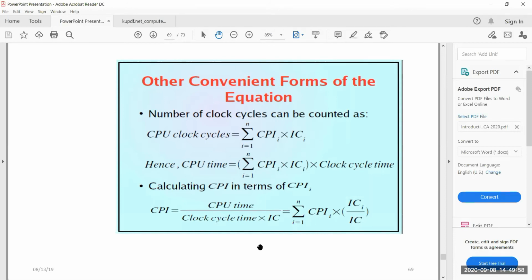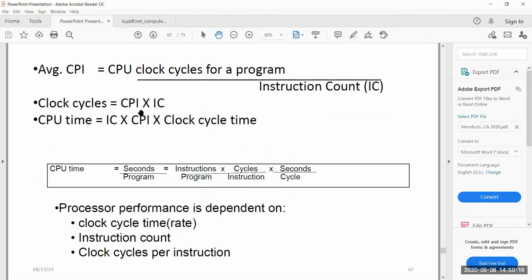So these are a few other convenient forms of the equation where we are trying to calculate your overall CPU time. Compared to the previous slide, we are referring to n number of instructions per program. The first one is CPU clock cycles. We have anyhow seen that the number of clock cycles in a program is equal to CPI times IC.